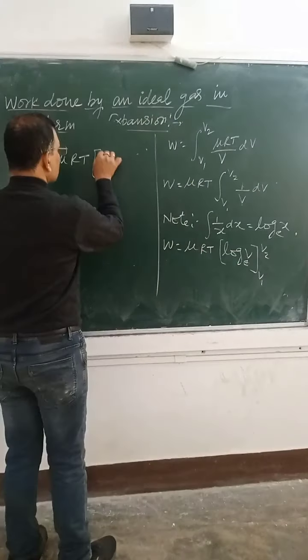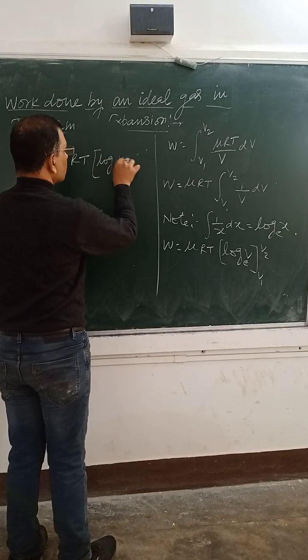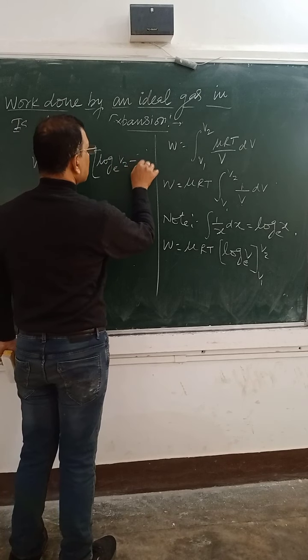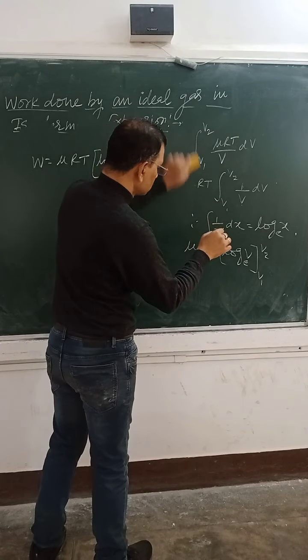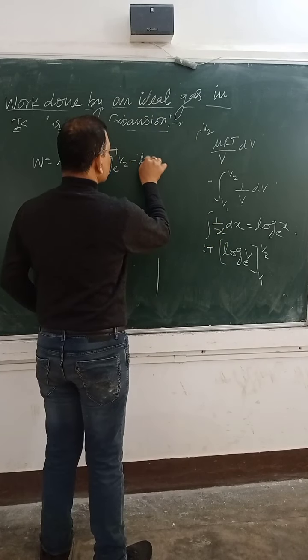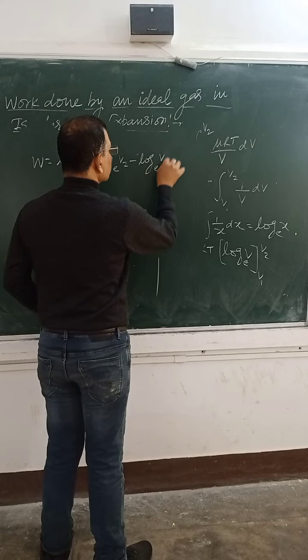So you can write log v2 to the base e minus log v1 to the base e.